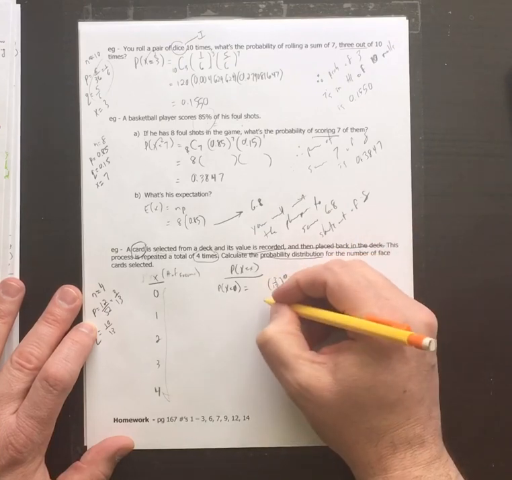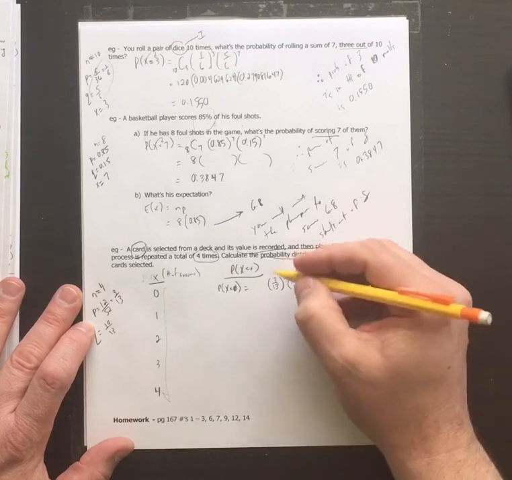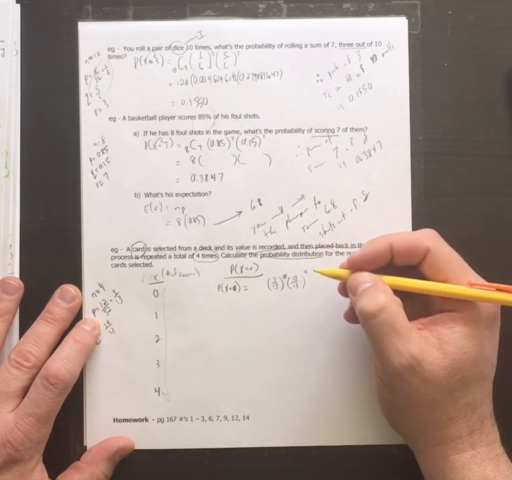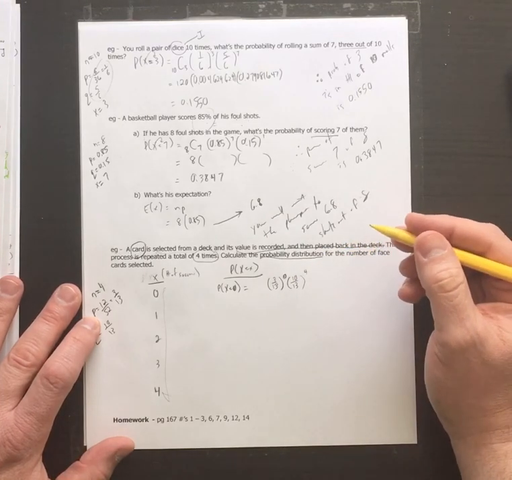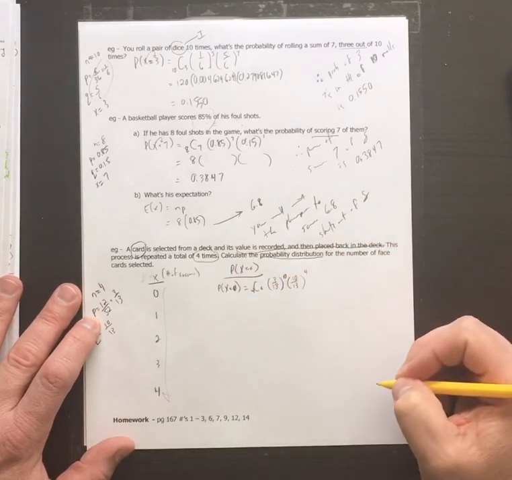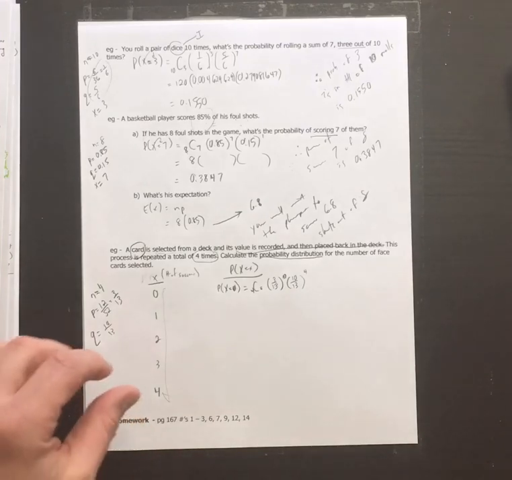And then I have a choose that goes along with it. That choose is just going to help me determine how to do that. But if you look at this, of course, to have 0 face cards, there's only one way to do that. But we use the formula just to be sure, for 4 choose 0. As a result, we have our calculation.